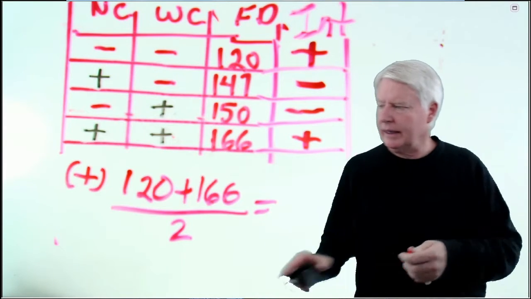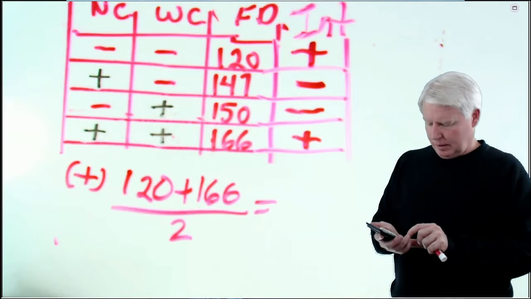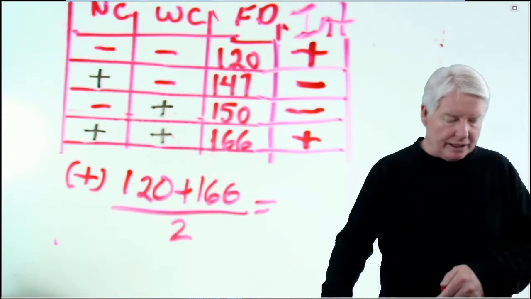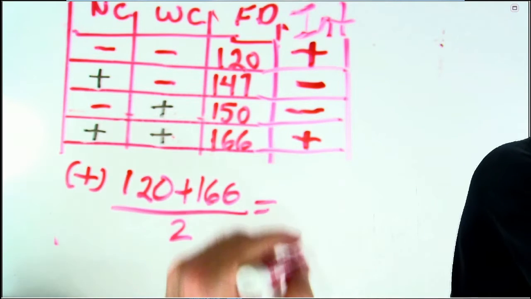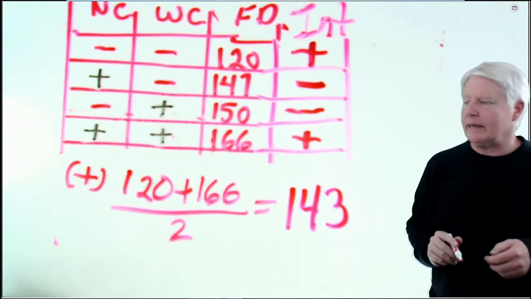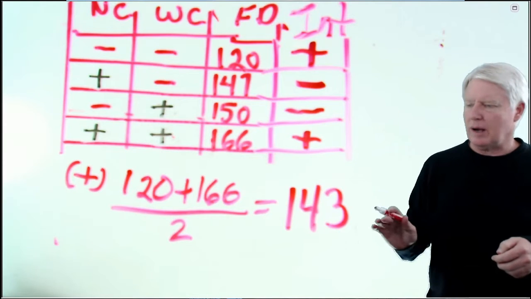Let me get my calculator in hopes that I don't make a mistake. 120 plus 166 is 286 divided by 2 is 143. So 143 on average for my interaction when it's positive.